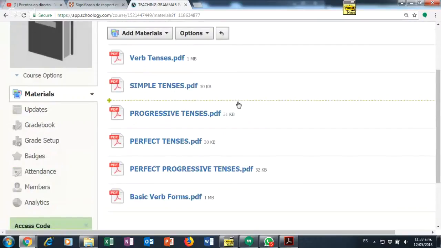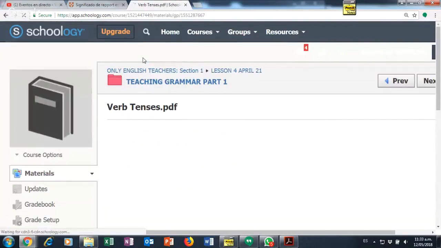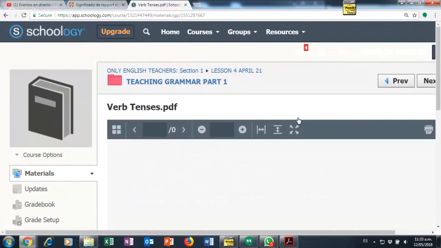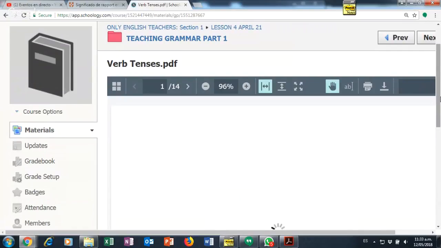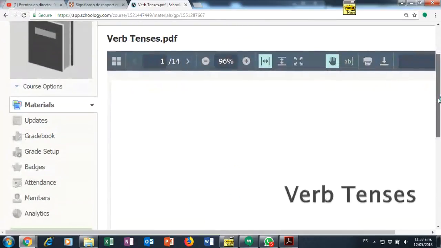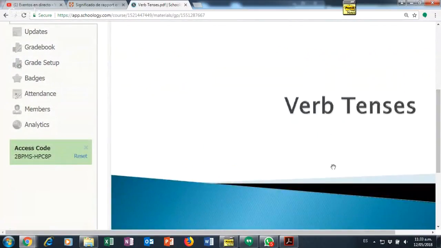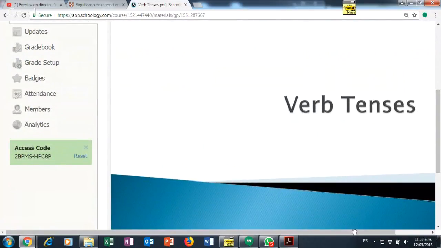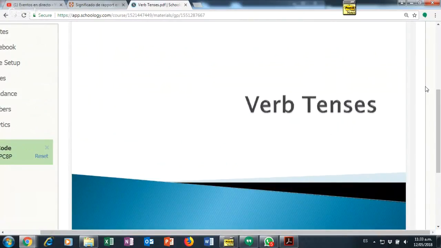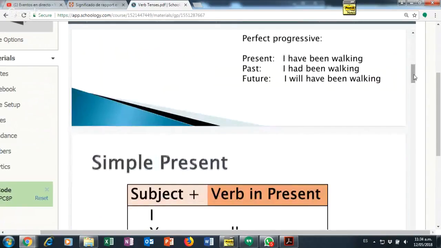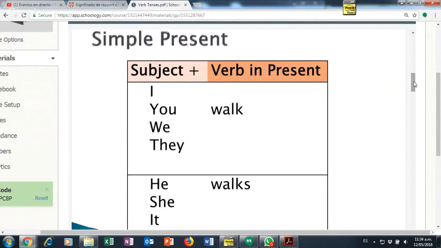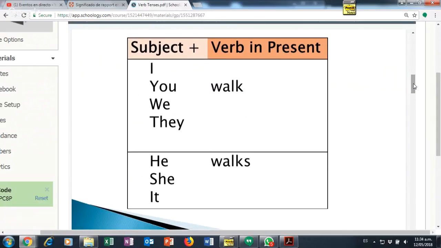Okay, I'm going to open that one up. Okay, and so right here, we started looking at the simple present. We started with verb to be. So now, for this session, we're supposed to look at simple present with other verbs, with action verbs, okay?